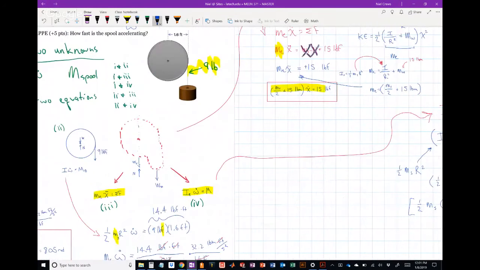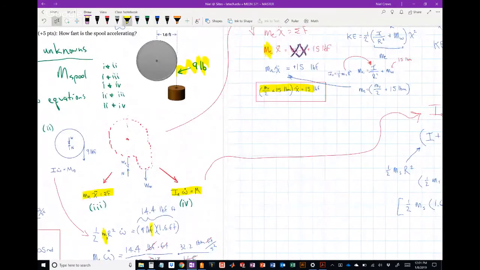If we look at this, the moment has to do not with the 9, but with this 15. If we say that this is our system, then the external force of gravity is really the force on the weight plus the weight of the spool and that normal force. But we know that these two cancel out. So it's not the 9, it's not the 6, but it's this 15.